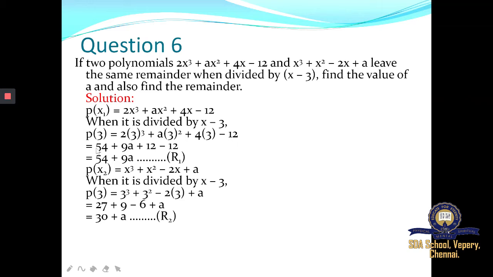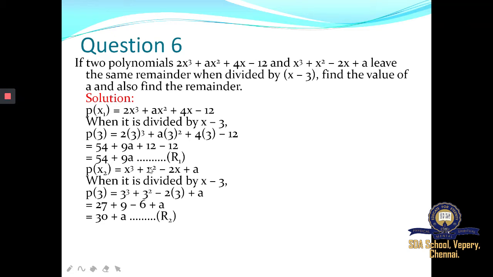Then let us write the second polynomial as p of x2. Then what have they told? It also needs to be divided by x minus 3. Therefore, what is the value of x? It is equal to plus 3. Again, wherever x is, I have to substitute x by 3. 3 cubed plus 3 square minus 2 into 3 plus a.